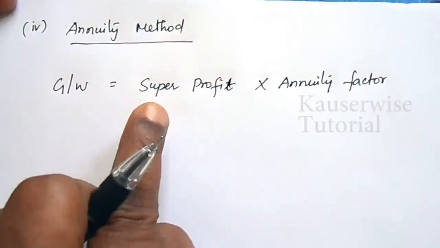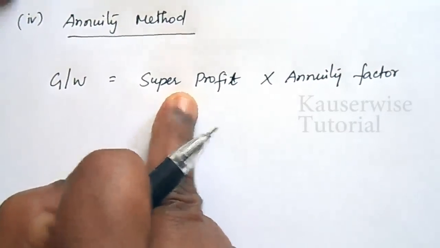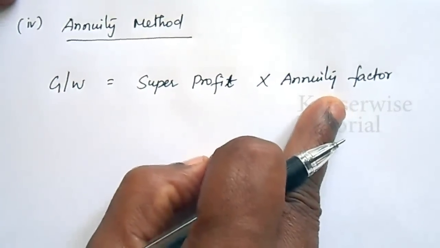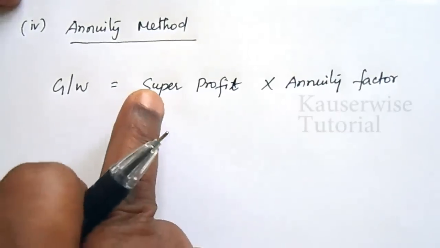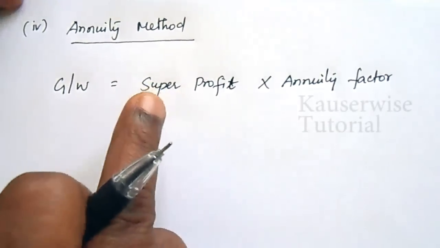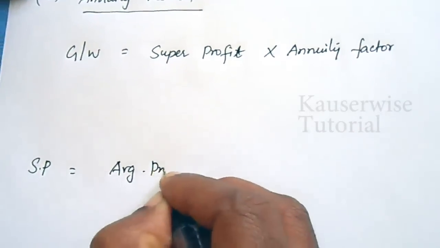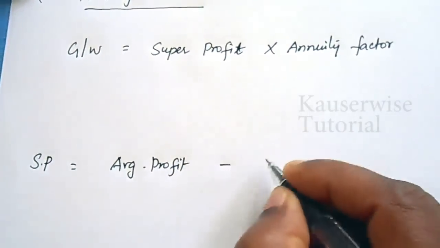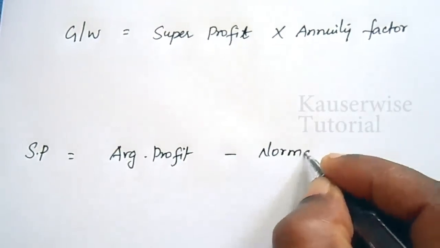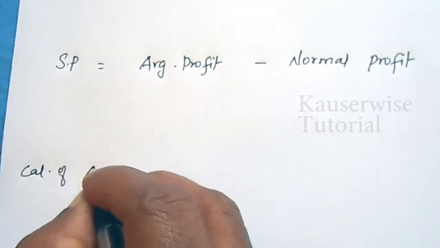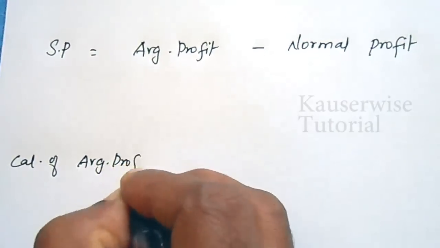Okay, so first we need to find the super profit. Annuity factor is given in the problem itself. So first you need to go for calculation of super profit. So what is the formula for super profit? Average profit minus normal profit. Calculation of average profit.